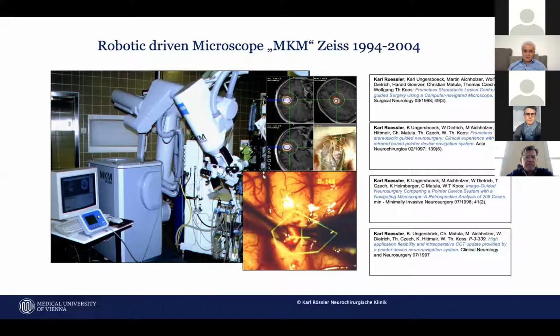And as you see, this was our first robotic-driven microscope in Vienna, where we could introduce these contours in the eyepiece of the microscope. It was more than 25 years ago, and since then we use every information we get during surgery by including it into the eyepiece of the microscope.